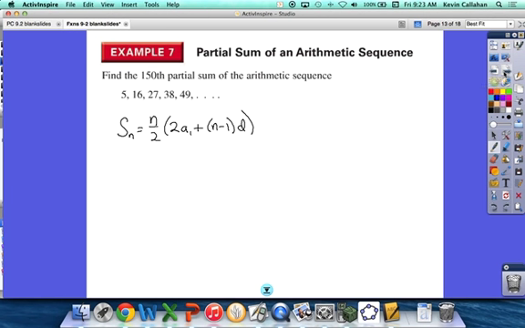Now I can go S150 equals 150 over 2 times 2 times 5 plus 150 minus 1 times 11. You could put that in the calculator all in one step. Boom. And you get your answer, which is, again, 123,675.